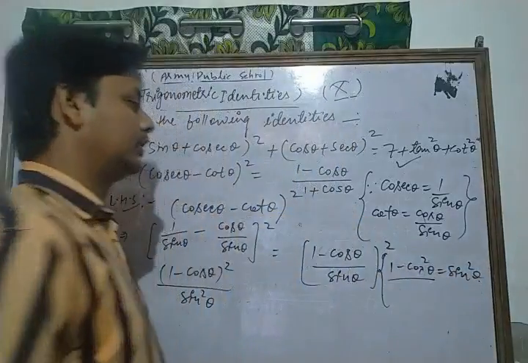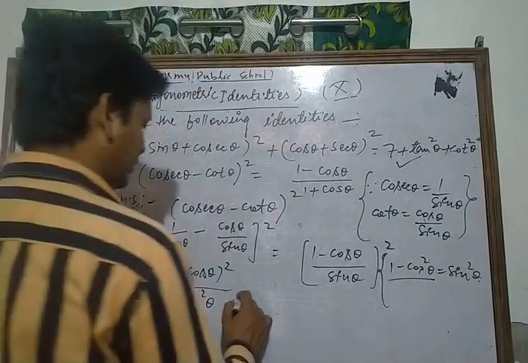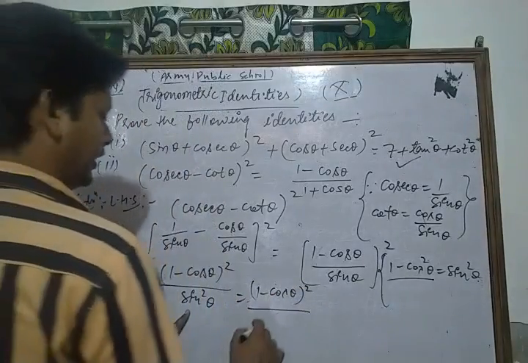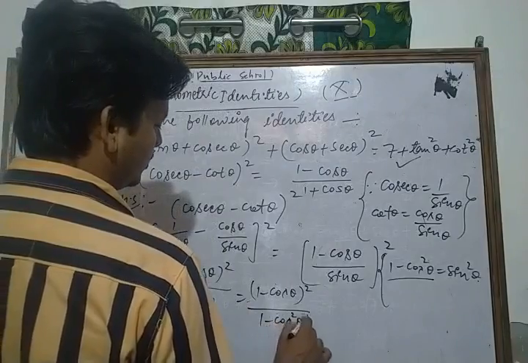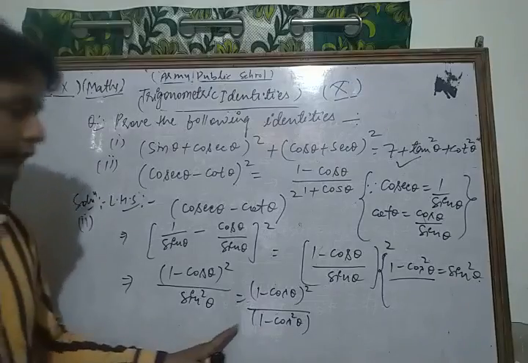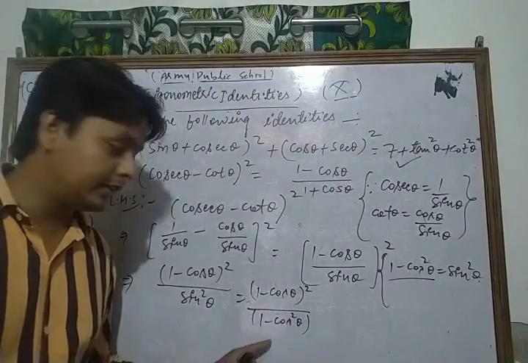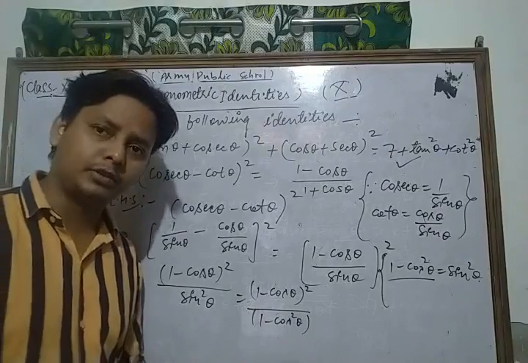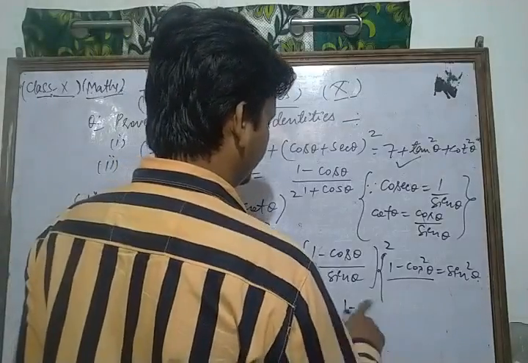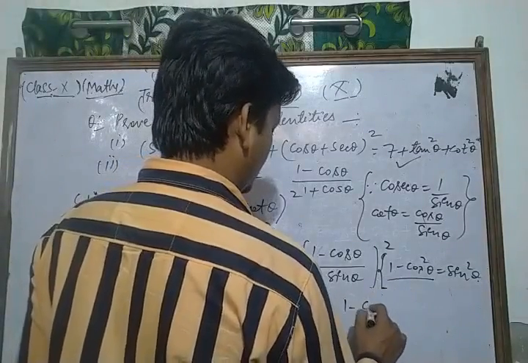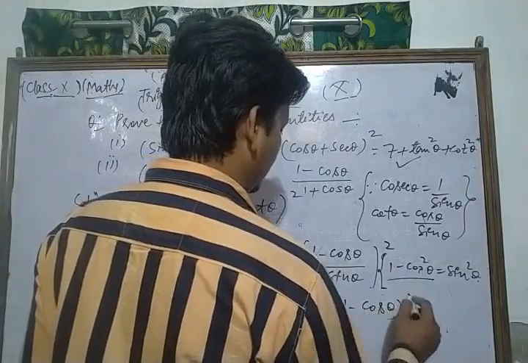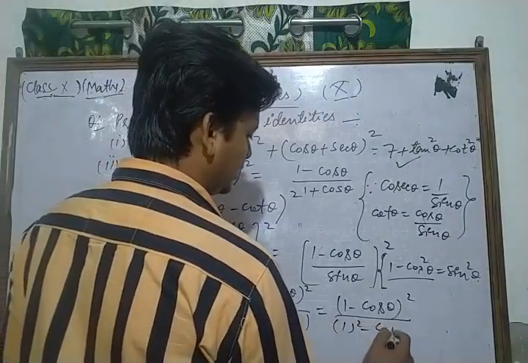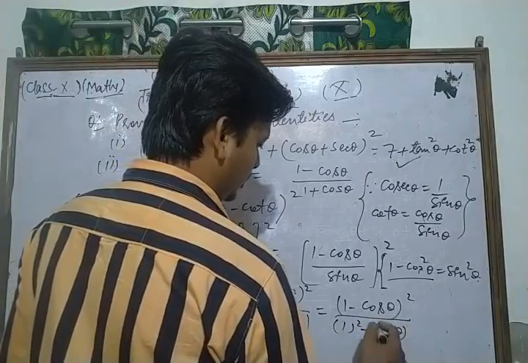So we can write sin square theta as 1 minus cos square theta. So here 1 minus cos theta whole square upon 1 minus cos square theta. Now we can write 1 as 1 square, and this is the form of a square minus b square, which means we can write 1 minus cos theta whole square upon 1 square minus cos theta whole square.